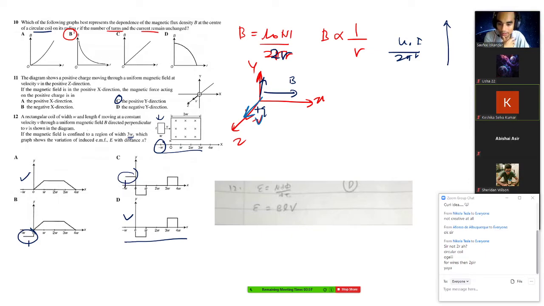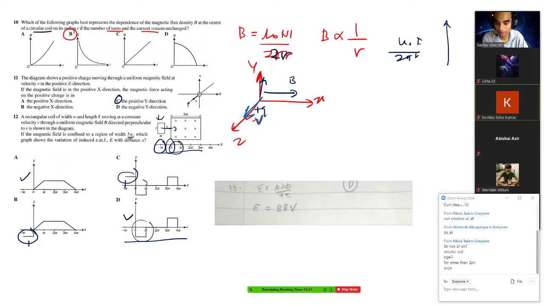And when it enters, from 0 to W, when the coil goes inside, it will be negative. It's because the induced current will be opposing the change of the magnetic flux, according to Lenz's law, so it will be negative over here.